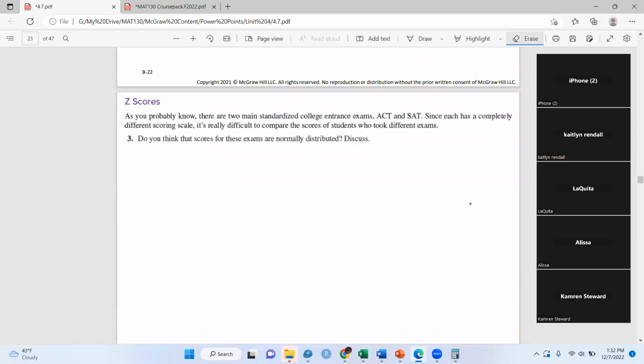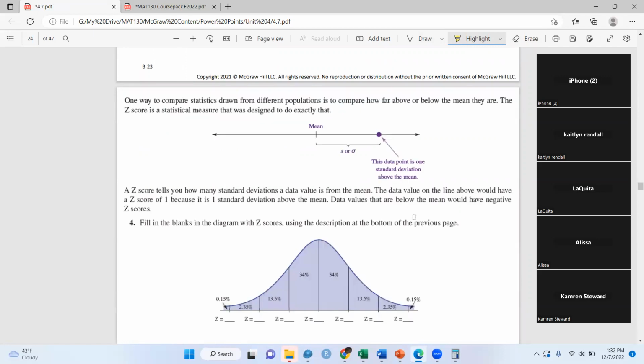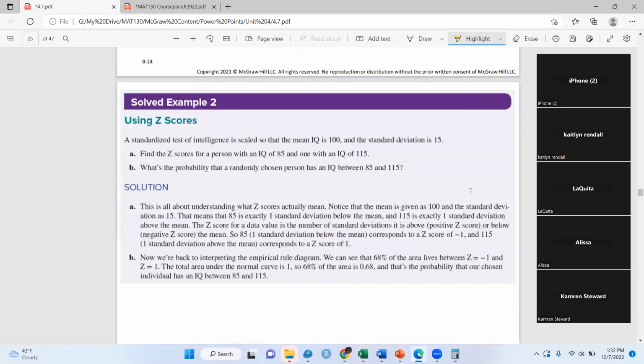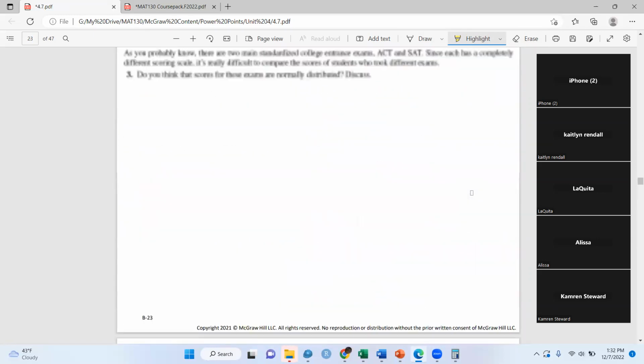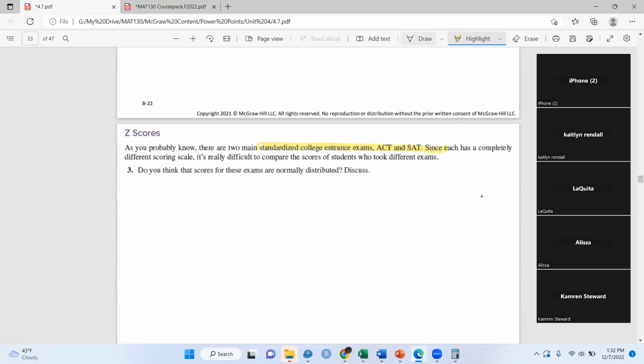So I like how the author introduces this topic. You may have heard of the standardized college entrance exams. There's the ACT and the SAT. And they have a different scoring scale. Does he tell us what the scoring scale is? I don't think he does. I think you all might know better than me. I think the ACT is out of like 36 points, right?